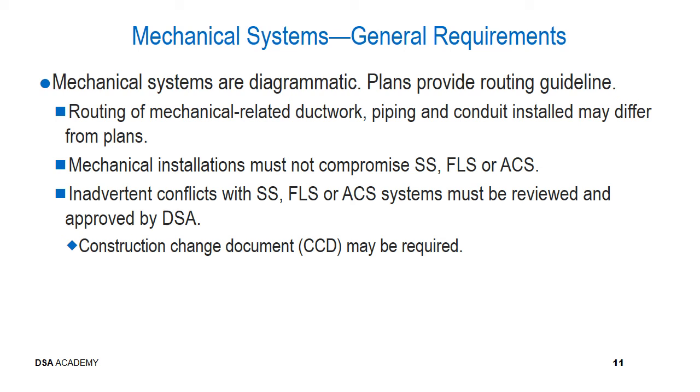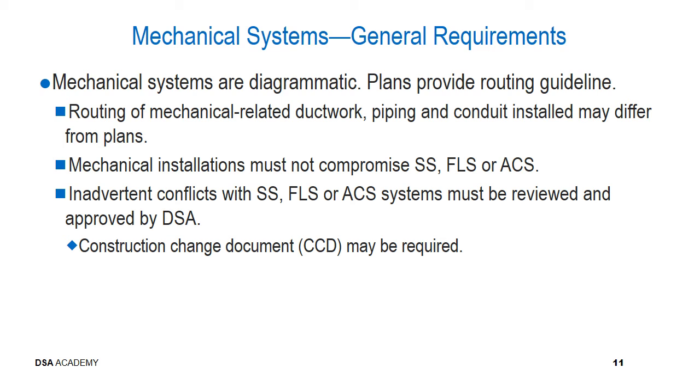The routing of mechanical related ductwork, including piping and conduit that is actually installed, may differ slightly from the plans themselves based on any number of things, conflicts that may occur with other systems, conflicts with things that were not necessarily anticipated or expected to be encountered during the design phase of the project itself.